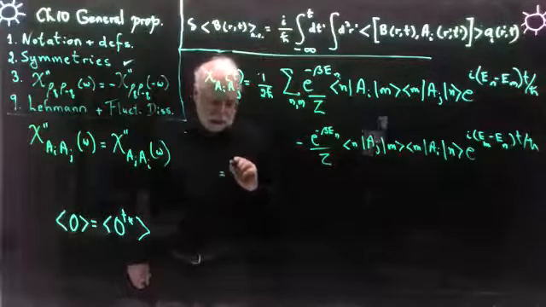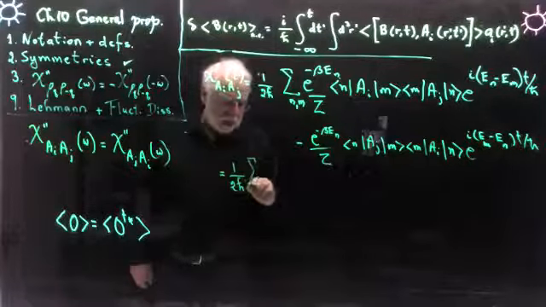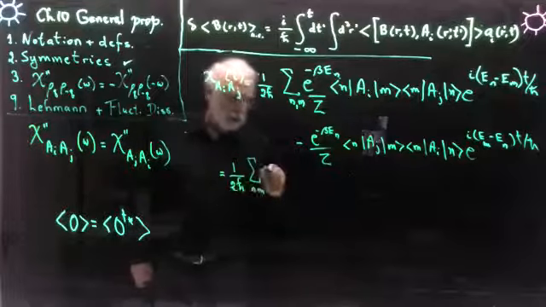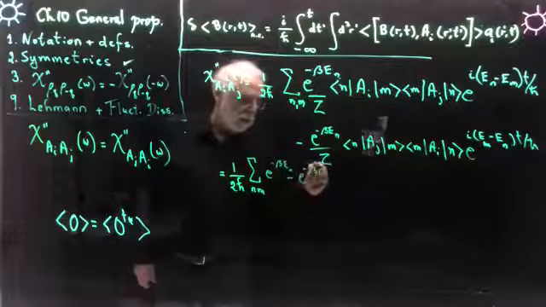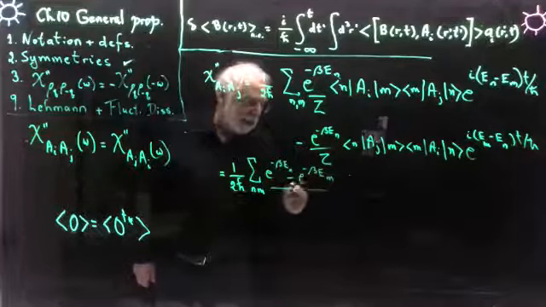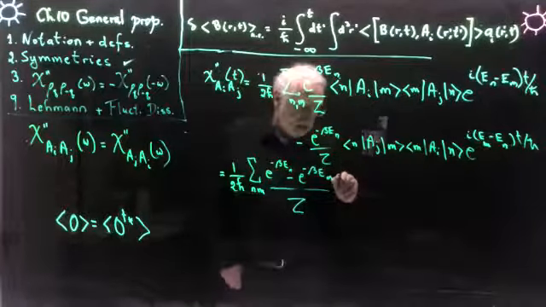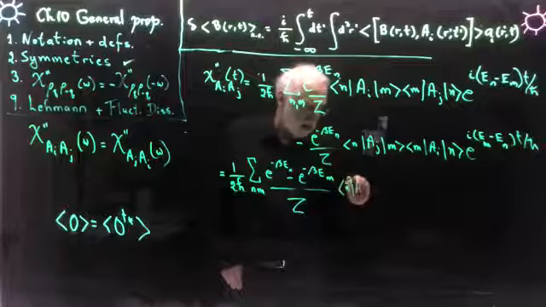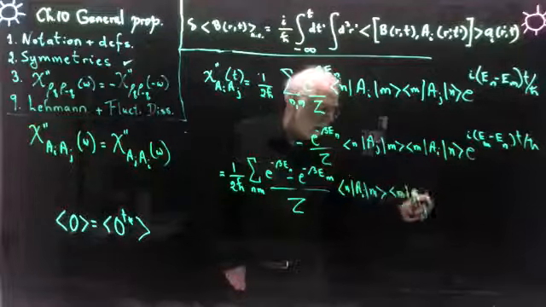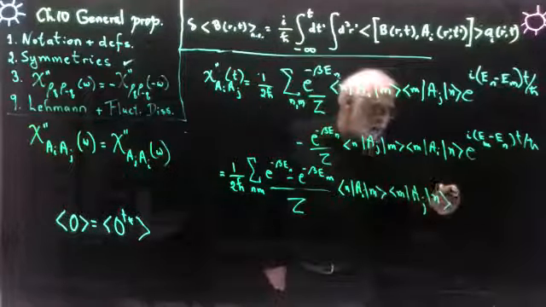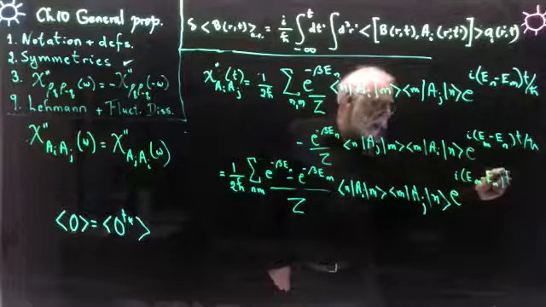So I get 1 over 2 h bar times a sum over n, m of (e to the minus beta E_n minus e to the minus beta E_m) over Z times <n|A_i|m><m|A_j|n> times e to the i (E_m minus E_n) t over h bar.